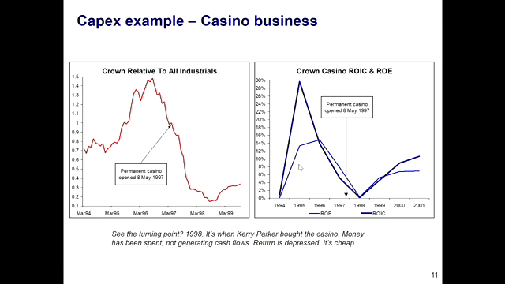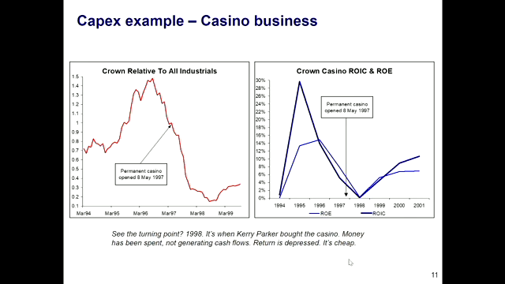At the same time, investors became worried about whether, with this huge amount of capex, you can generate the forecasted cash flow. That's when the price was depressed in 1998, when the market was worried about the future ability of generating cash flow.